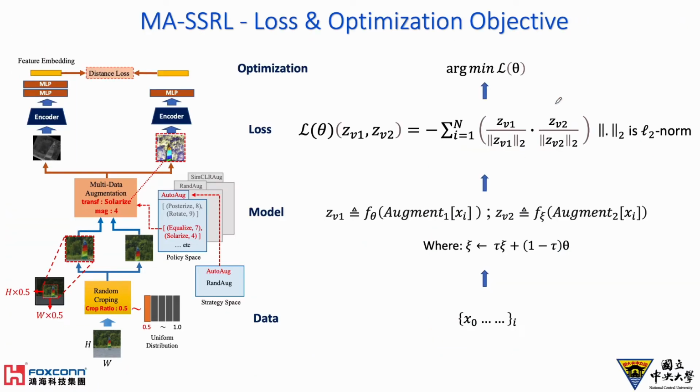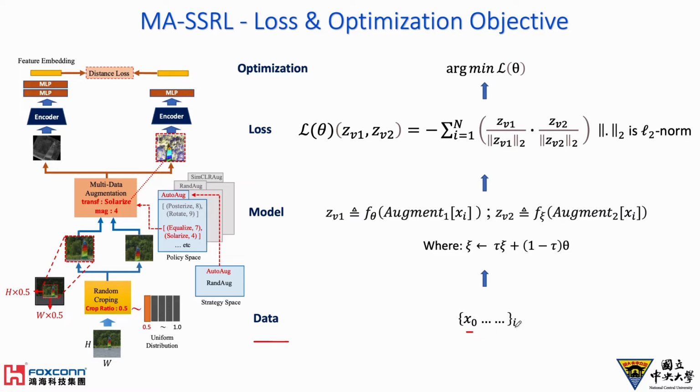Okay, now we look into the detail of the MA-SSRL pipeline. We formulated it into different equations here. First, the data here are images, where x0 to xi denotes the number of images.